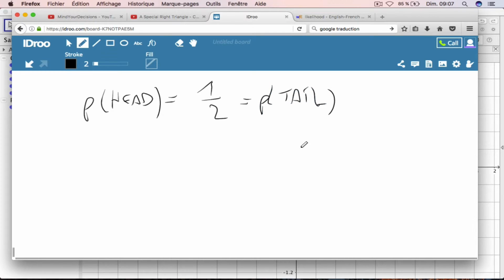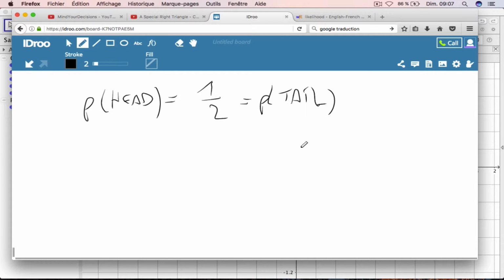Okay, so what's the rule? The rule is you have to count all the possible outcomes, and count the event you want to compute the probability of, the good cases, and you divide by the total cases. That's it.